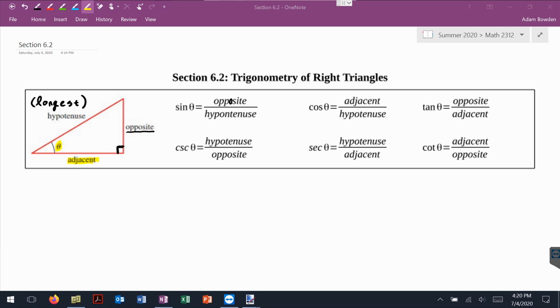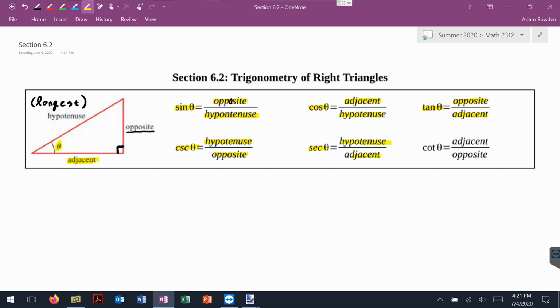The sine of theta is defined as opposite over hypotenuse. Cosine of theta is defined as adjacent over hypotenuse. Tangent is opposite over adjacent. Cosecant is hypotenuse over opposite, which again is just the reciprocal of sine.